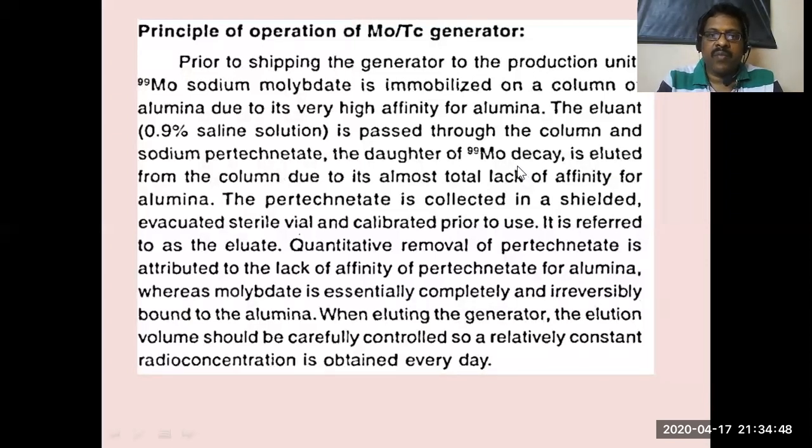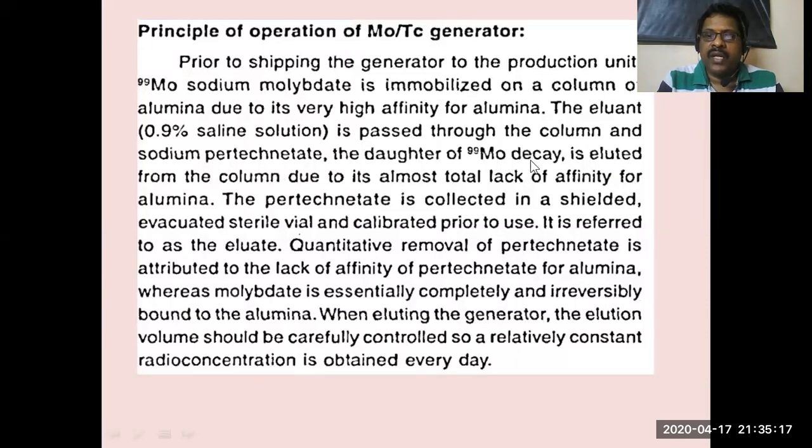It is a radioactive compound, so it should be carefully kept inside and sealed. The eluent is 0.9% normal saline solution, because it is an injectable formulation. So we are using this tissue-compatible isotonic solution, which is passed through the column, and sodium pertechnetate will be formed. That is the daughter compound.